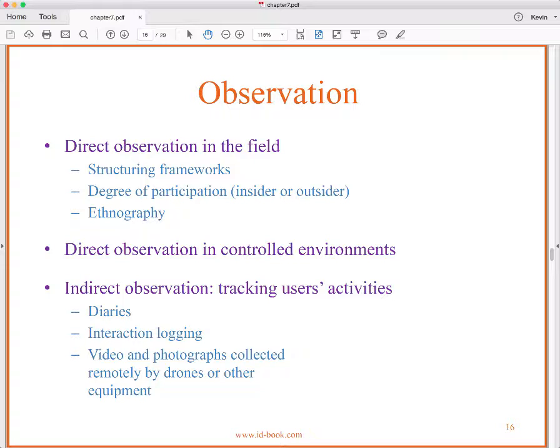So direct observation in the field, we're going to talk about three subparts: structuring frameworks, the degree of participation of the observer as an insider or outsider, and then ethnography, which is a field that has a pretty rich history in the study of human-computer interaction, and is still very alive and well. In indirect observation, we're going to talk about diaries, interaction logging, video and photographs, and those kinds of things.